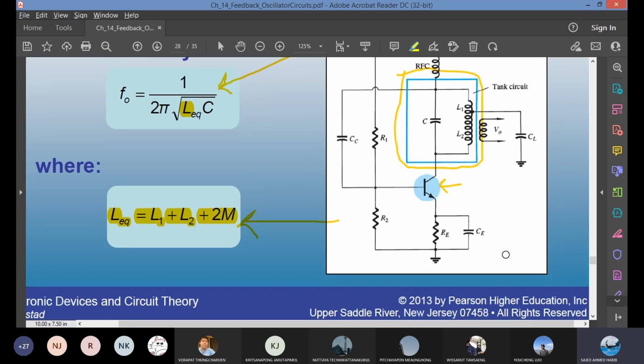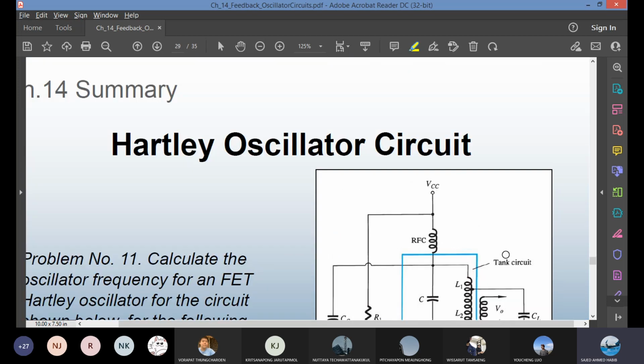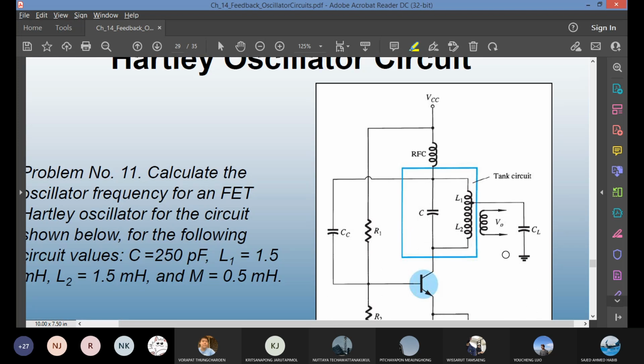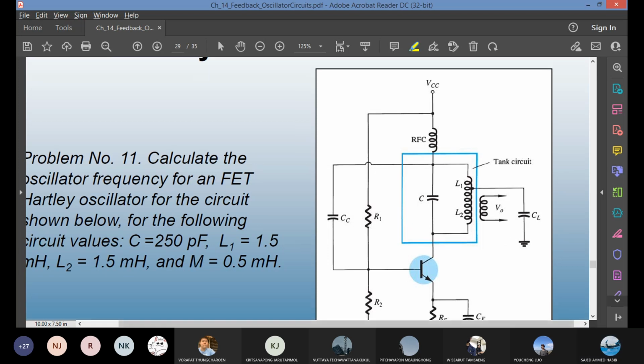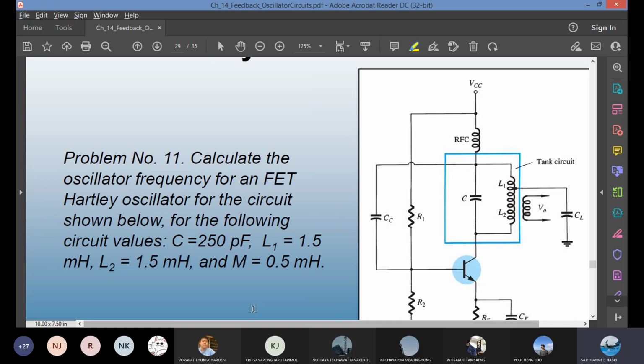We can look at an example of a Hartley oscillator. For this Hartley oscillator, again, it will be 2 students. What is it asking to calculate? Calculate the oscillator frequency for this Hartley oscillator. Why does it say FET? I don't see an FET.